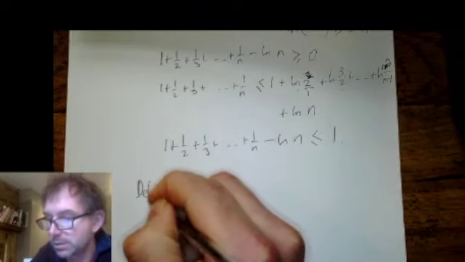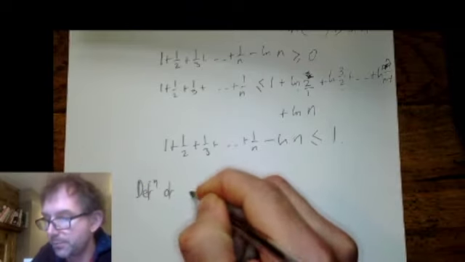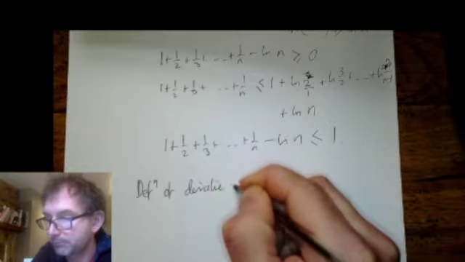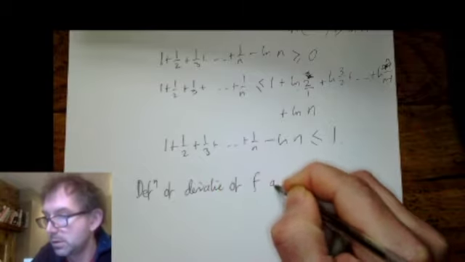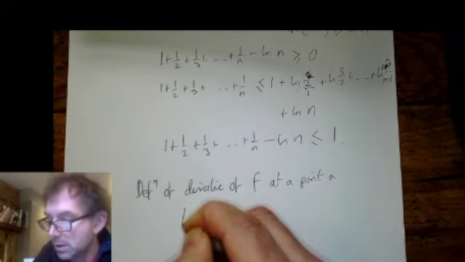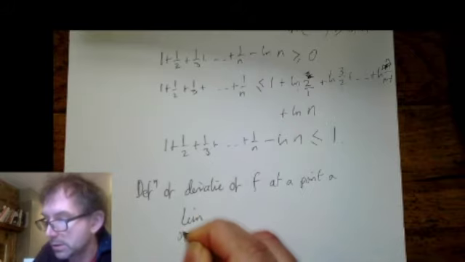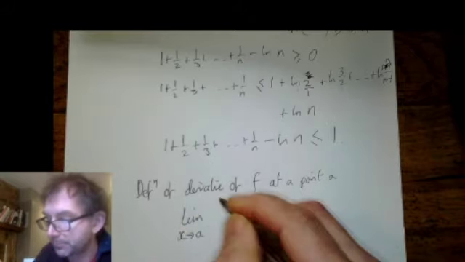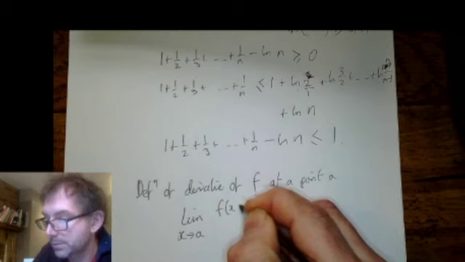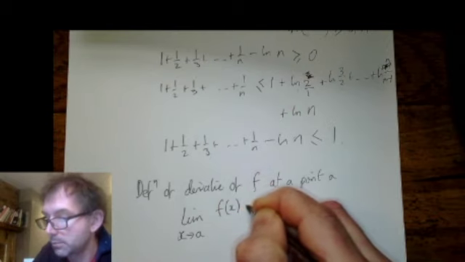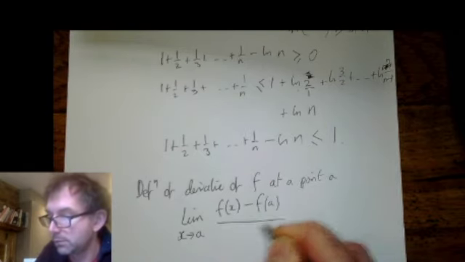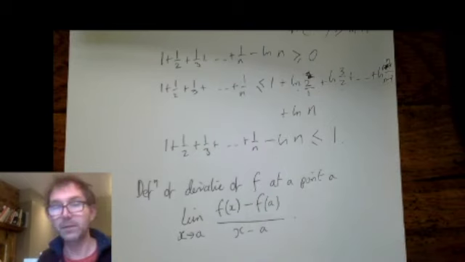So the definition of the derivative of a function f at a point A is just going to be the limit as x tends to A of f of x minus f of A over x minus A, if it exists.